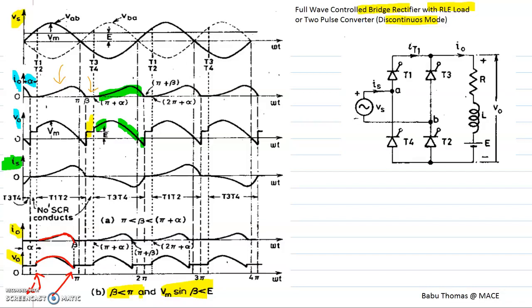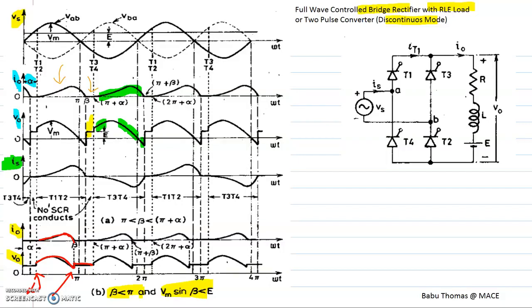Load current comes to 0, and therefore the load voltage increases to E. And it will remain at the point E till the next set of thyristors are fired at an angle of pi plus alpha, and that sequence will be repeating.